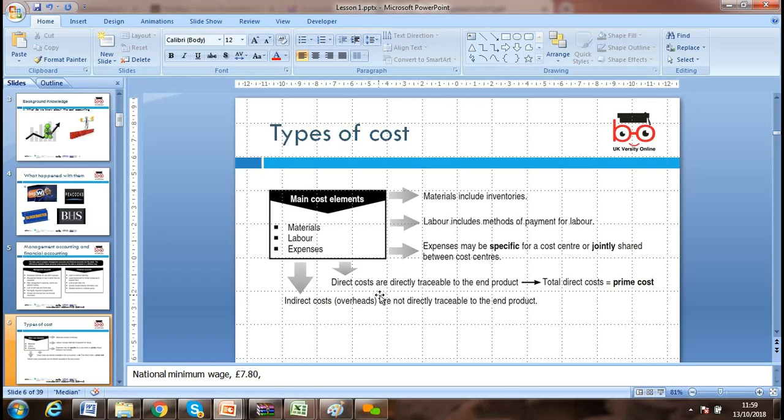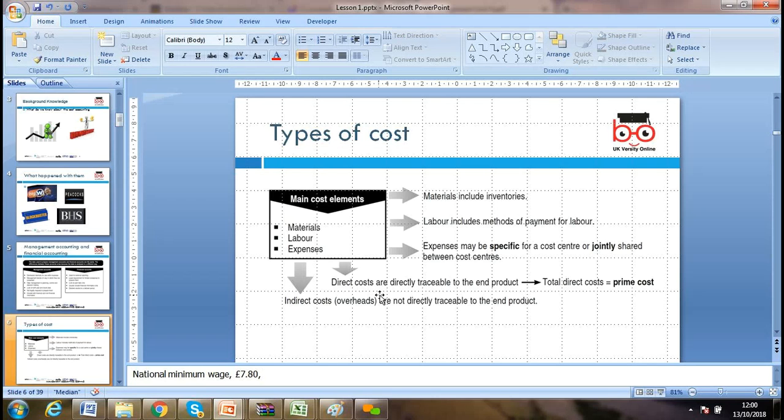So we need to look at the overhead cost. A lot of companies like British Gas or various other organizations move their call center, IT department, and pay department abroad to reduce these overhead expenses, because it's a very competitive world we live in, and we need to look at how we can reduce the cost.